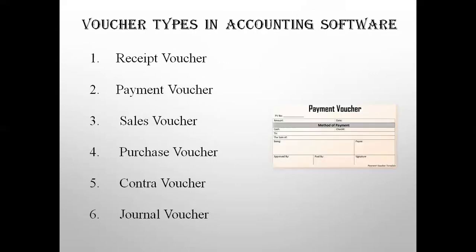So here we have a list of the predefined accounting voucher types in the accounting softwares. First one is receipt, then payment, sales, purchase, contra, journal, to name a few, and other vouchers are there. So let's see them one by one in brief.